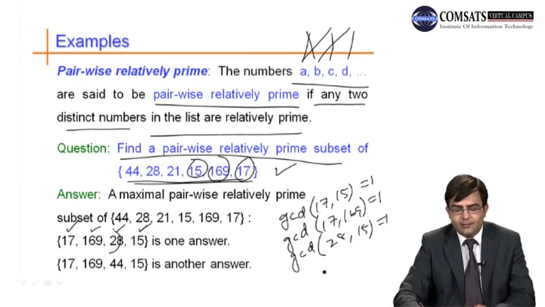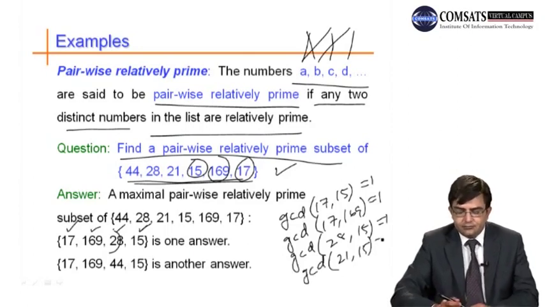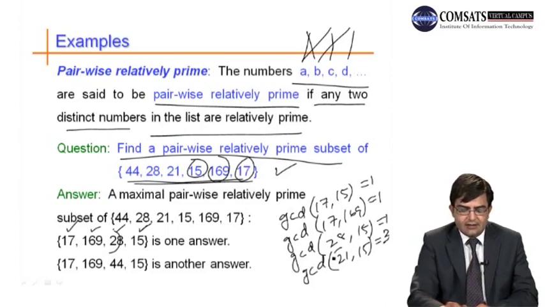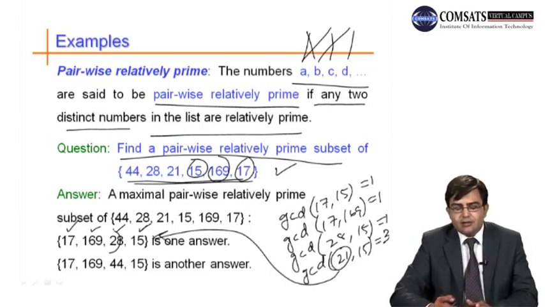Now in this set we have not written 21. Why? Because if we take the GCD of 21 and 15, what is the GCD? There are common factors which divide both 21 and 15, for example, 3. 3 is basically the greatest common divisor which divides 21 and 15, so we cannot write 21 in this set because 21 is not relatively prime with 15.